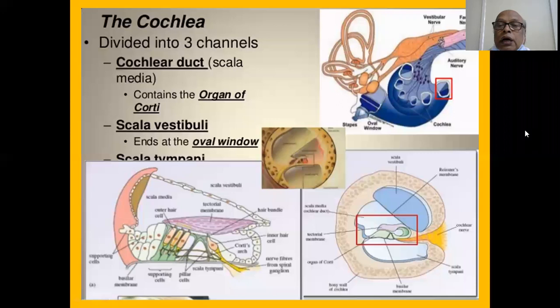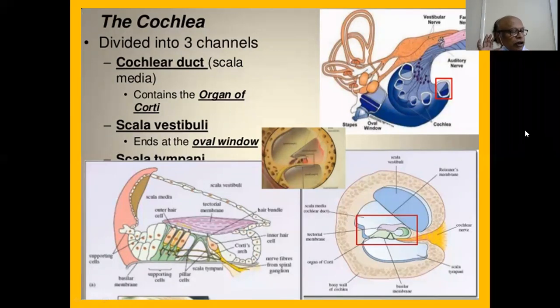Coming to the semicircular canals, the superior canal and the posterior canal together form the superior vestibular nerve, whereas the horizontal canal forms the inferior vestibular nerve. The superior vestibular nerve, the facial nerve and the cochlear nerve traverse together in the internal auditory canal.